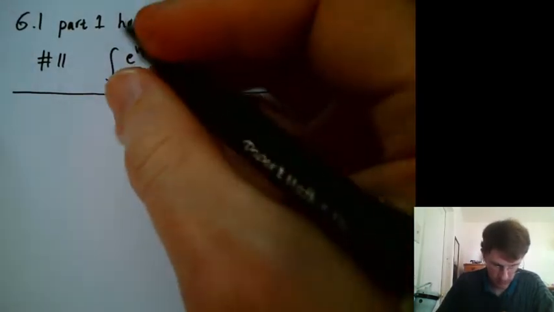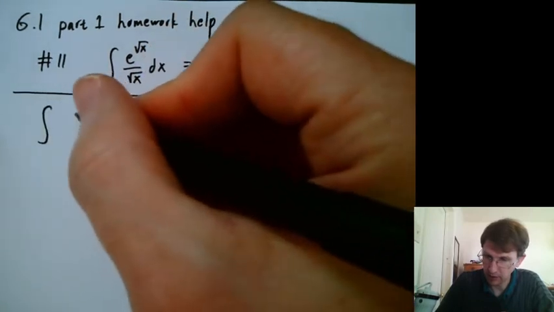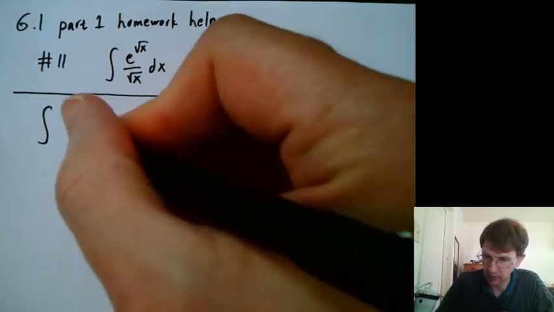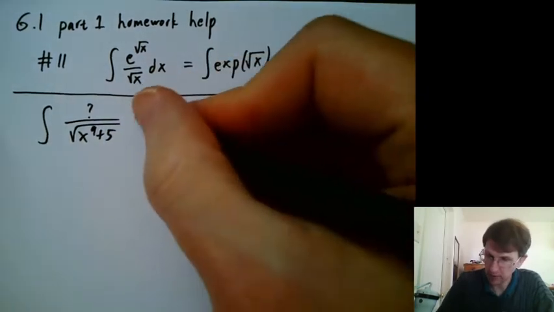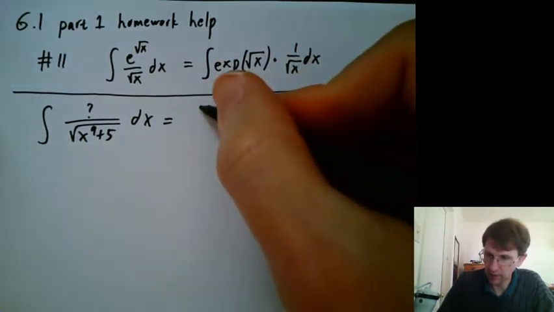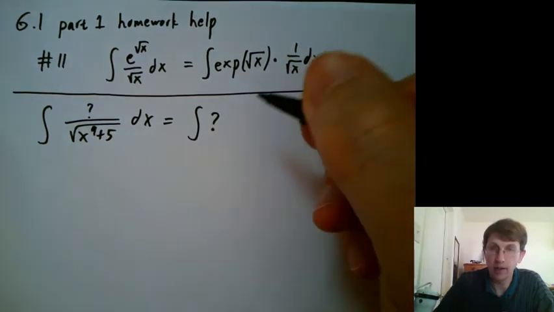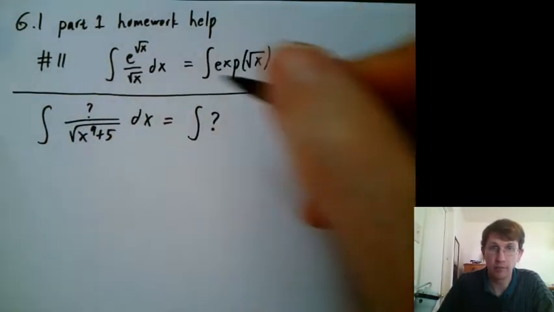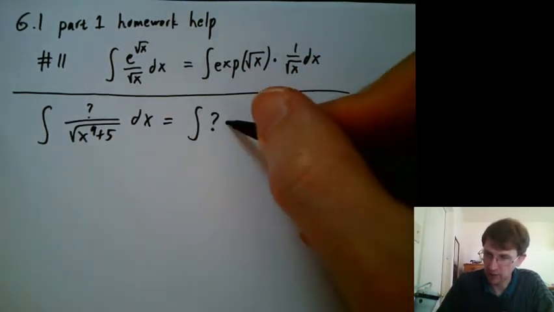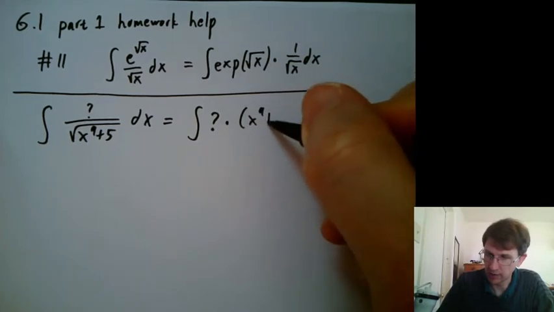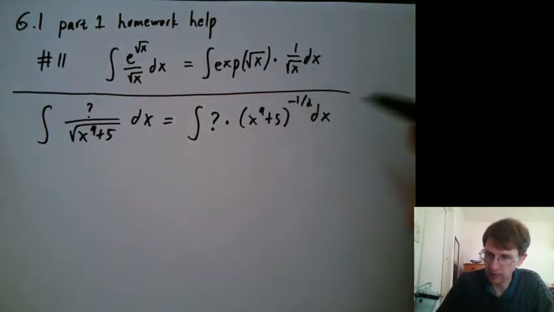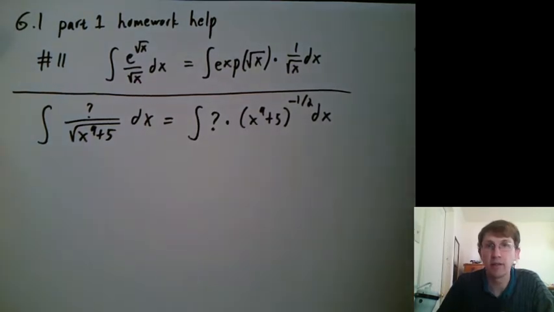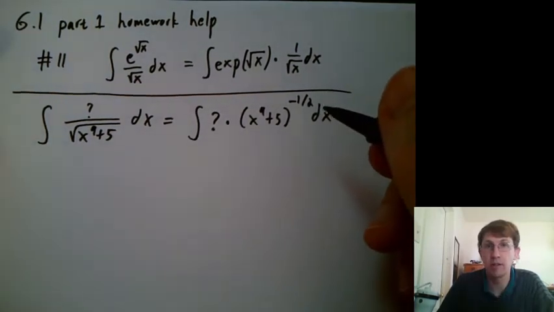If you had a problem like the integral of something over root x to the 9 plus 5 dx, you could rewrite that as whatever that numerator is, times x to the 9 plus 5 to the negative 1/2 dx. Does that kind of give an idea of what the inside thing might be?